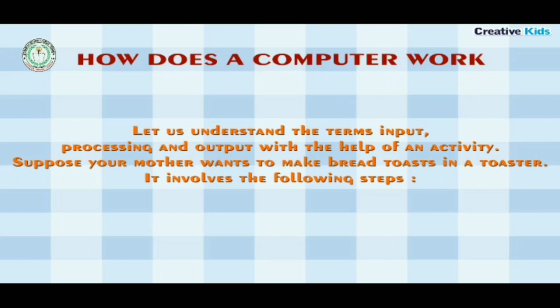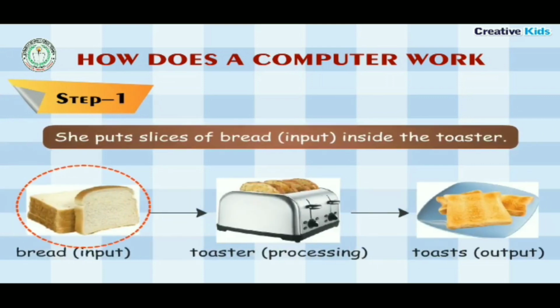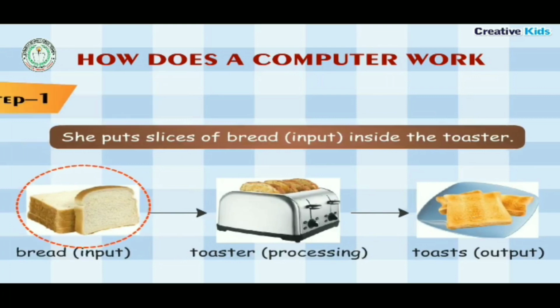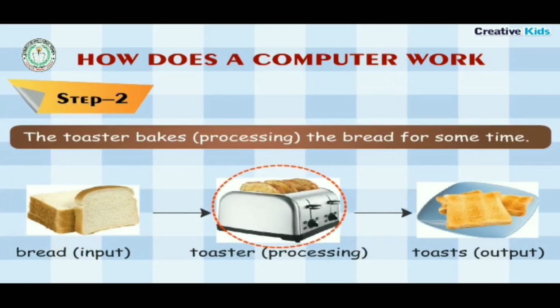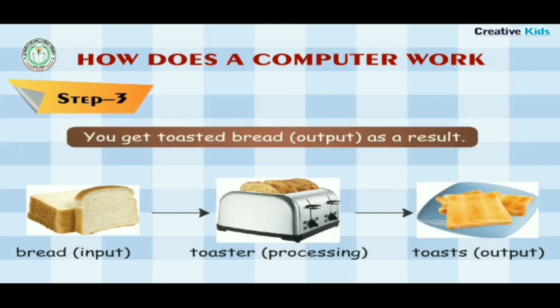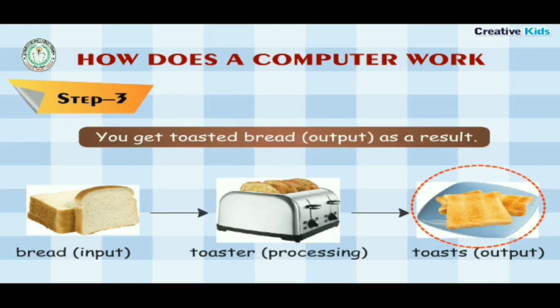Suppose your mother wants to make bread toasts in a toaster. It involves the following steps. Step 1. She puts slices of bread, input, inside the toaster. Step 2. The toaster bakes, processing the bread for some time. Step 3. You get toasted bread output as a result.